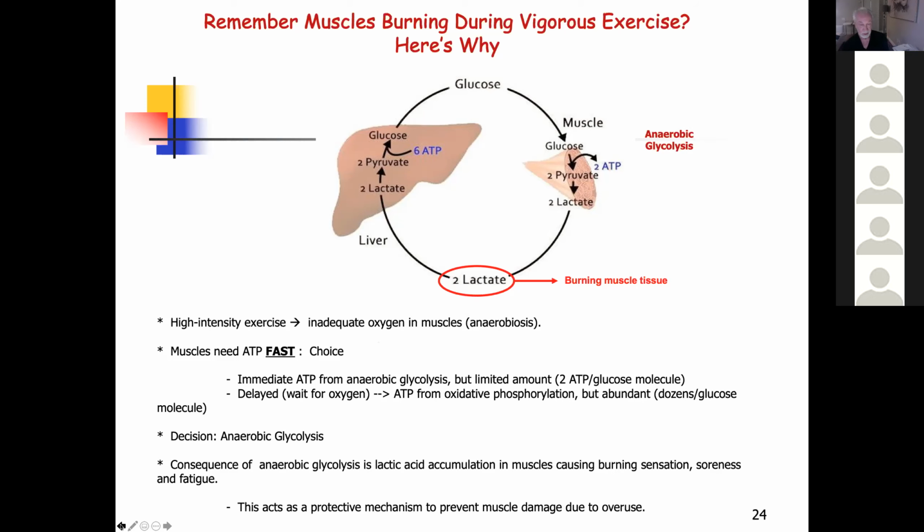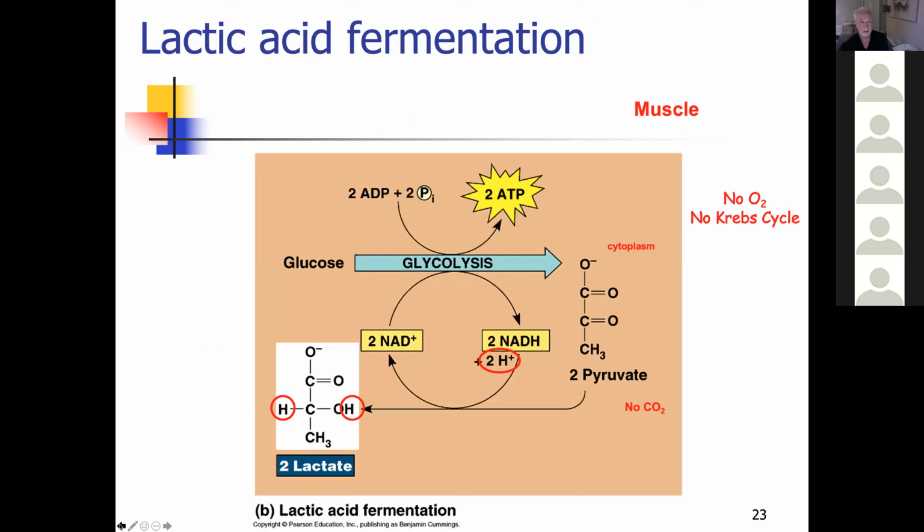So if we go back, under anaerobic conditions, a little bit of ATP is generated. And so if the muscles really need it, they don't have any oxygen, they're going to keep doing this to get more ATP, but every time they do, they make more lactic acid.